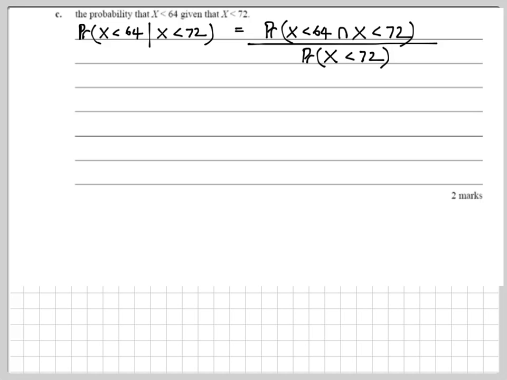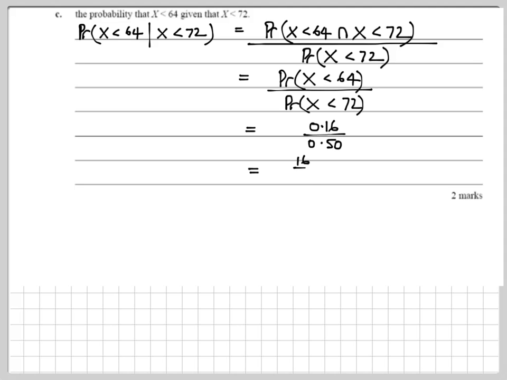If you look at the top line, the probability that x is less than 64 and less than 72: if you just do the less than 64, that covers both of them, doesn't it? So you can just look those up directly from the previous answers, and you get 0.34.